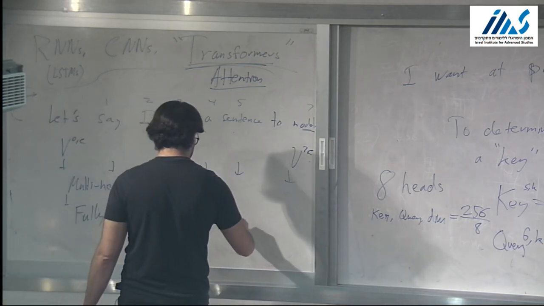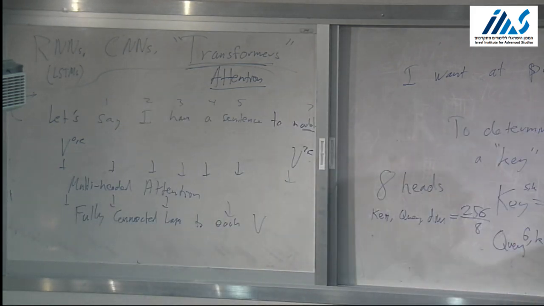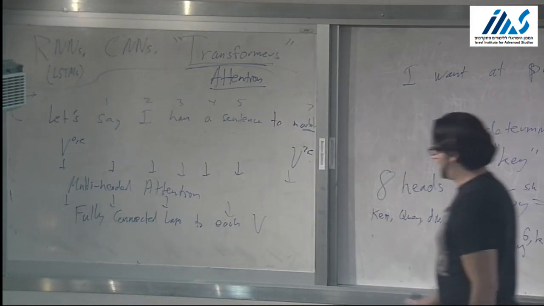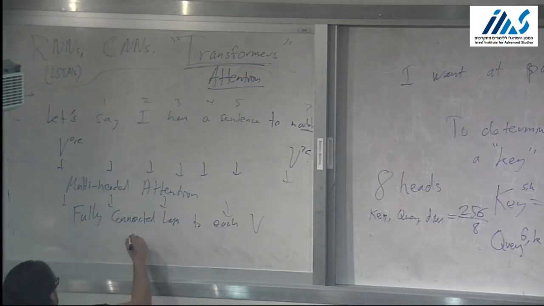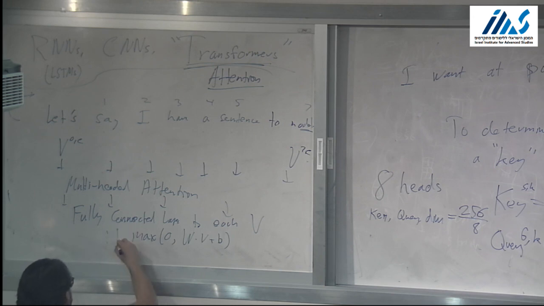to each V. So in other words, this output, this complicated thing, gets hit by our friend max 0 WV plus B. Typically it gets hit by 2 of these, so there's some W2 and some W1.